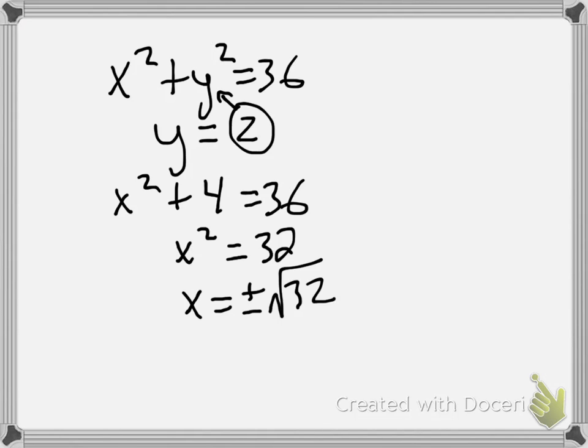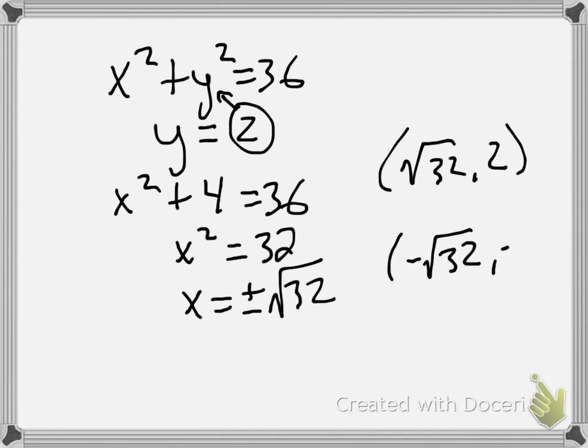So essentially, it's going to cross at the positive and the negative square root of 32, and then you know your y value. So it's going to have two intersection points, square root of 32 and 2, because it said y equals 2 on the second equation, and negative square root of 32 and 2.